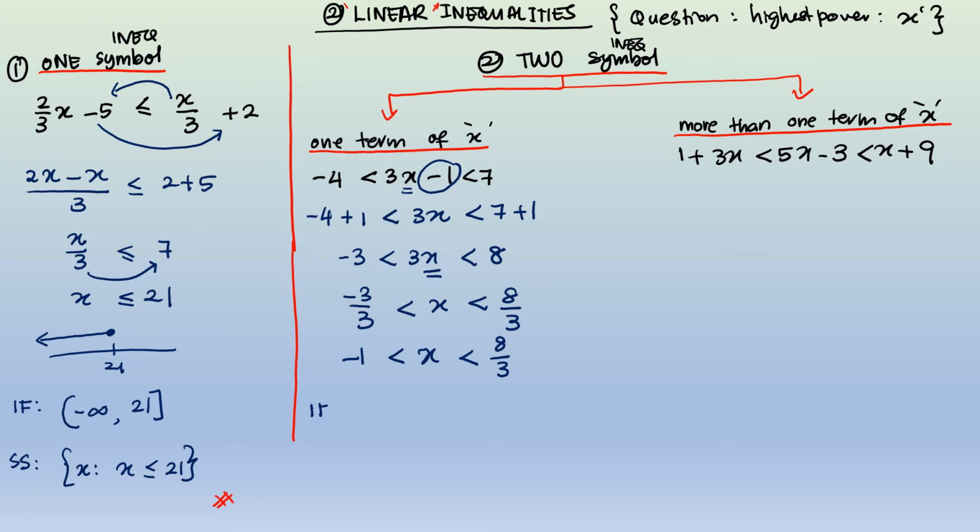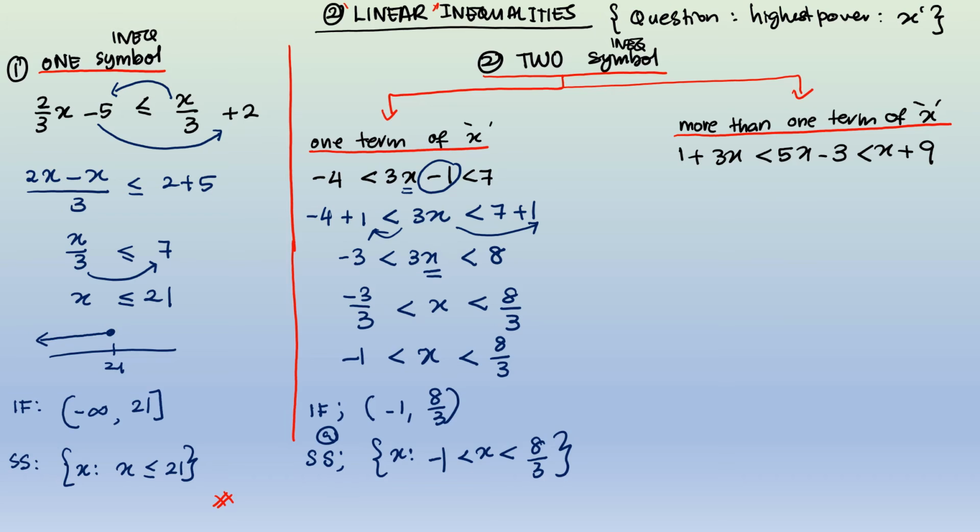If the question didn't mention which form you should write your answer in, either interval form or solution set, you can choose any one, unless the question states which form you should write your final answer in. So your answer is -1 to 8 over 3.